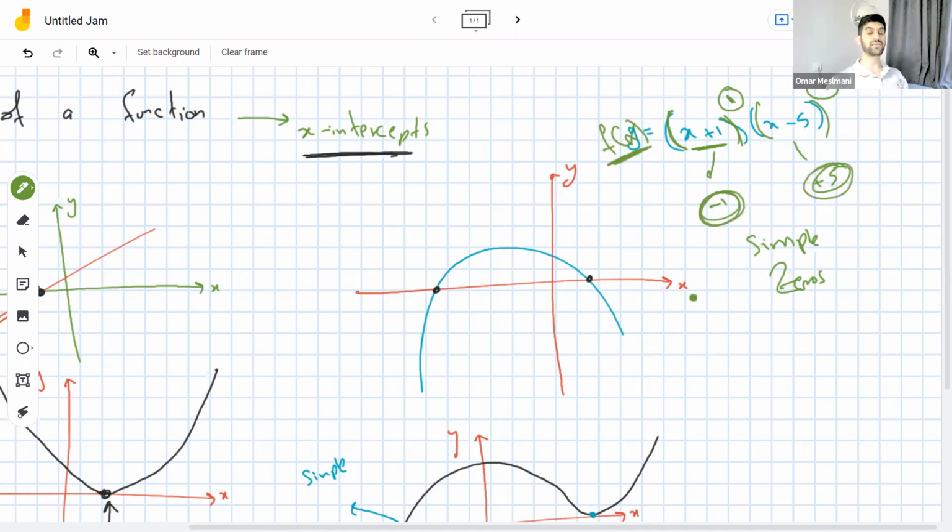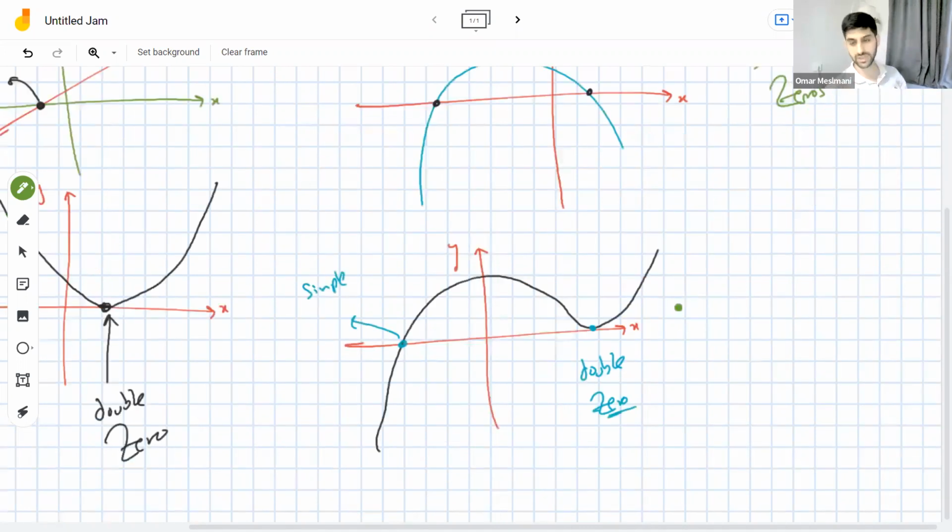But how can I see if you have a double zero? The function f(x) is going to be, as an example, (x + 2)^2 (x - 5), just numbers now. Because this has a power of 2 and this has a power of 1, my function has a double zero at -2, and I have a simple zero at what?